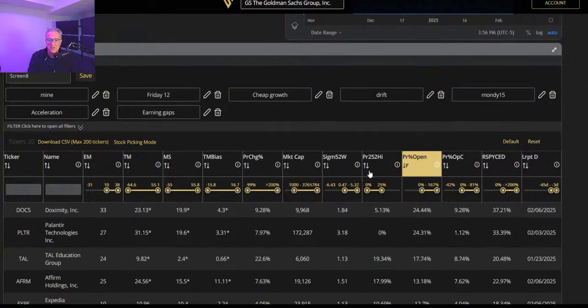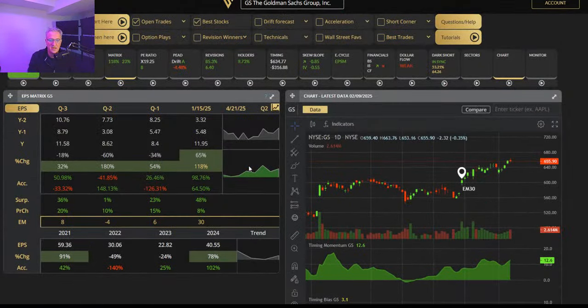Okay, the second thing that you just heard me mention several times is the acceleration. So I'm mentioning this acceleration number. Why is that so important? Well, because we can monitor growth, but we want to see if it's growing or shrinking. What's the movement? Where is it going from and to, right?